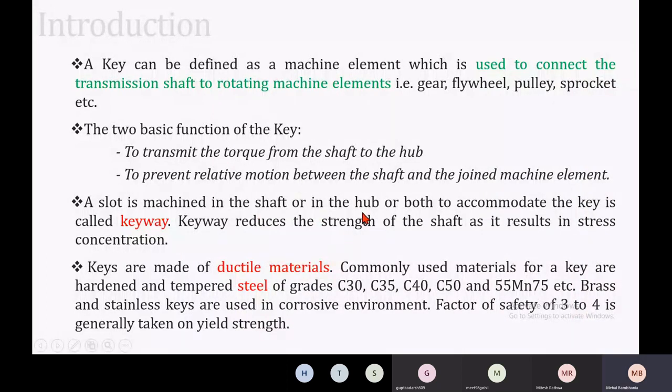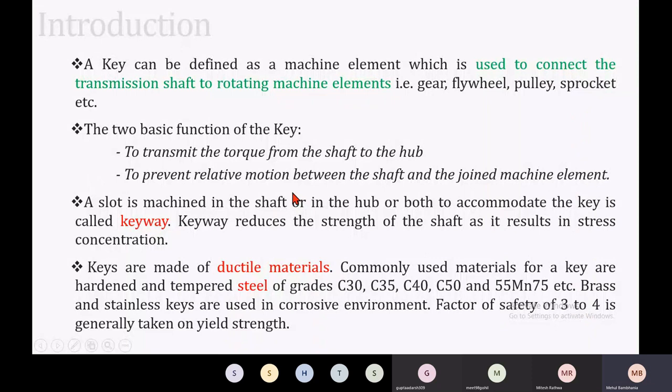Sometimes it is only in the shaft or only in the hub, or generally we may have slots on both sides in which we can incorporate different types of keys, and that slot is defined as a keyway or keyhole. See, this is the keyway. Now in that keyway we can insert different types of key to fulfill this function.